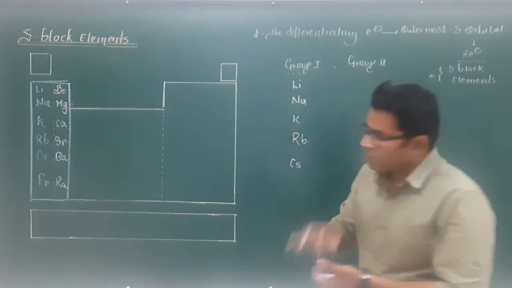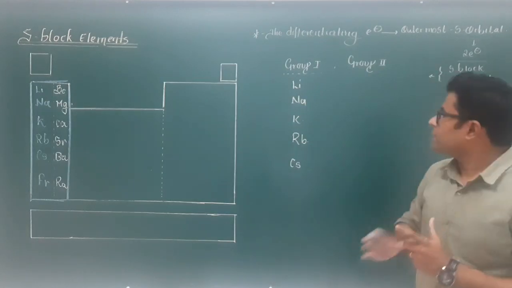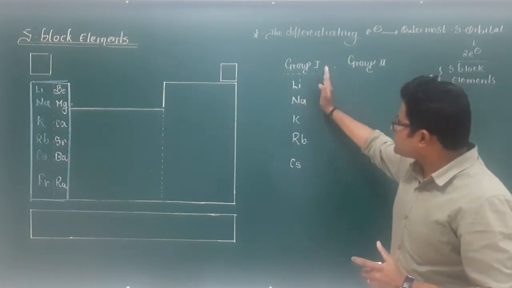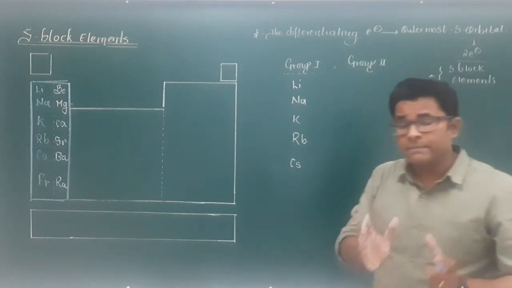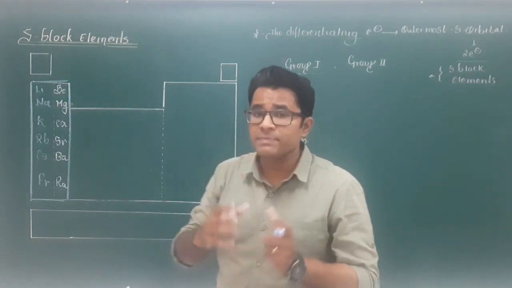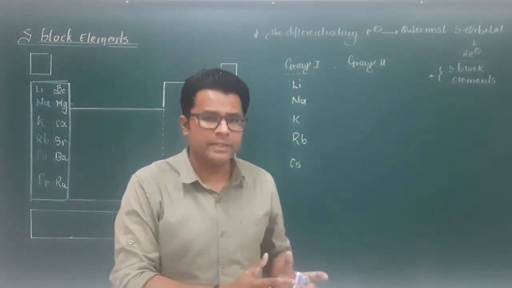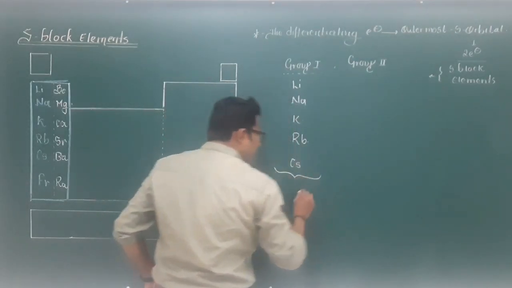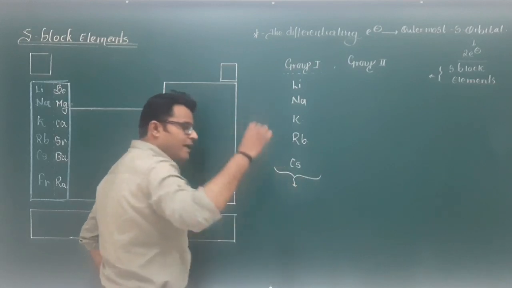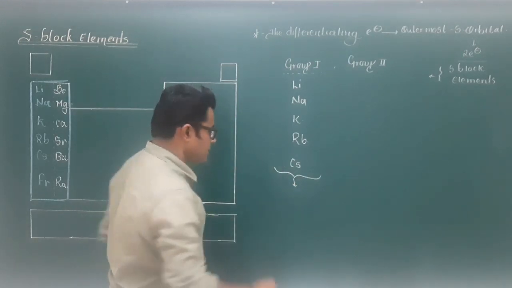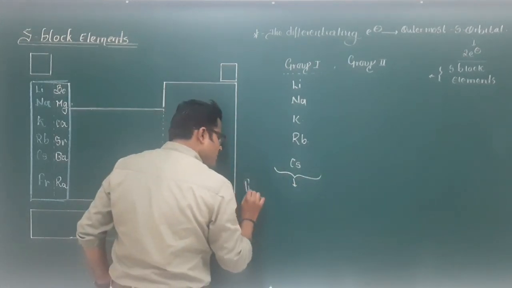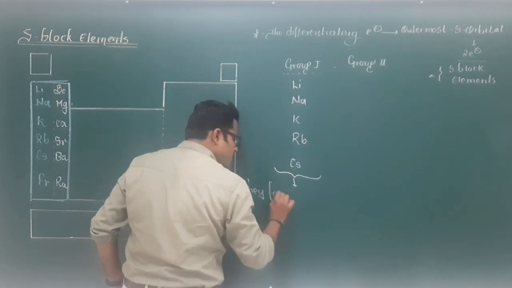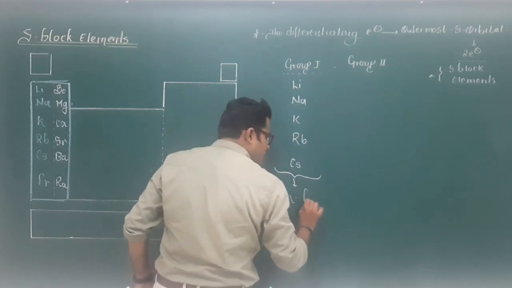Right? Why do we call this group alkali metals? Whenever these elements react with water, they form hydroxides.